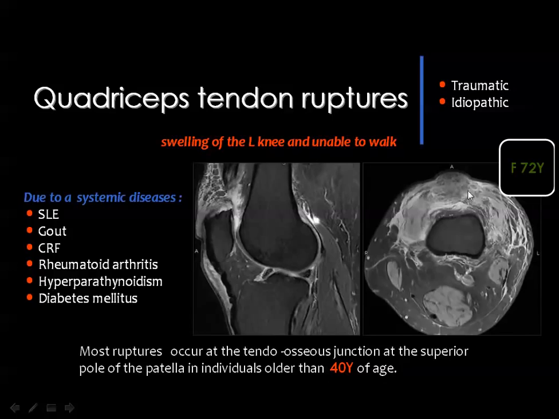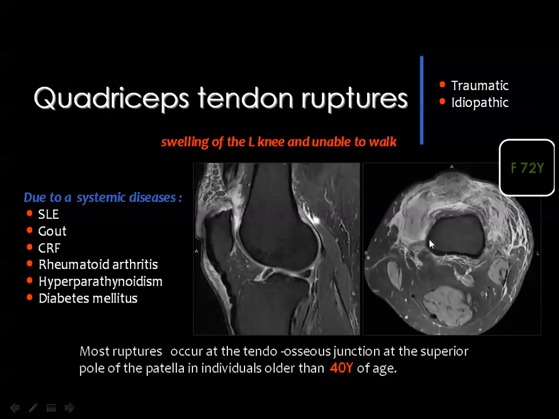In the axial image, you can see the contour of the tendon. If it is partially torn, you can see some of the fibers maintaining their normal low signal intensity while other fibers are torn. This is somewhat difficult to evaluate in the sagittal image, but in the axial image, you can evaluate this.